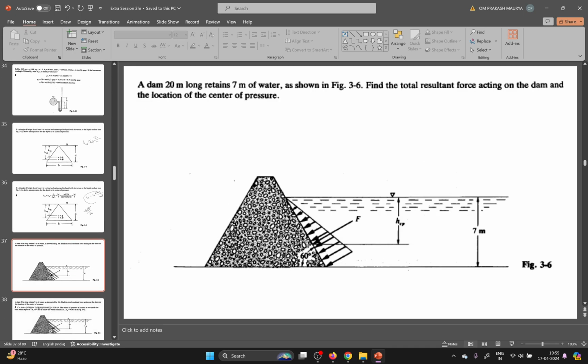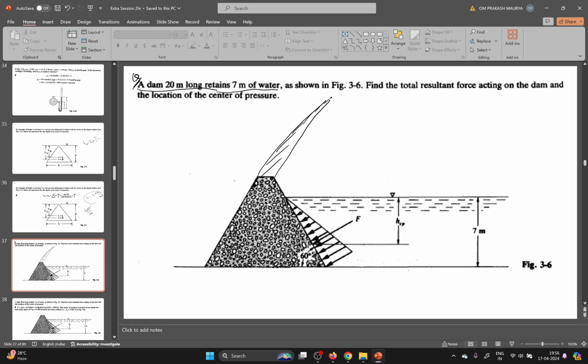Now this is an important question. A dam of 20 meter long retains 7 meter of water. 7 meter of water depth is retained, and the dam is 20 meter long.